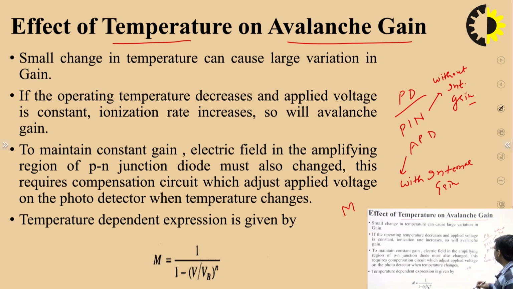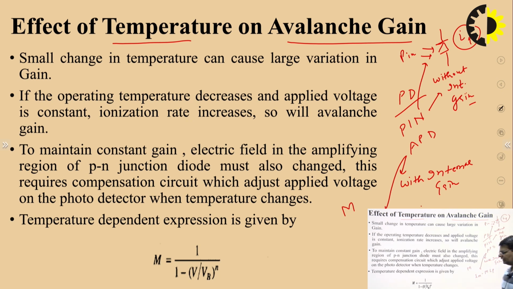For example, in the case of PIN, whenever light is incident over the photodiode, for a given input power, at the output we will get the photocurrent IP because of photocarriers. So in the case of PIN we will get IP, whereas in the case of APD we will get IM, that is M multiplied by IP.